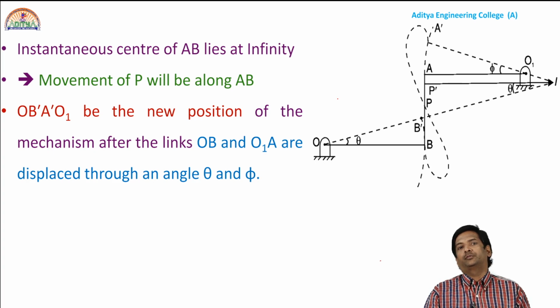If we have a small turning effect, where OB is tilted slightly upwards, then the vertical link AB also tilts with a very small angle.